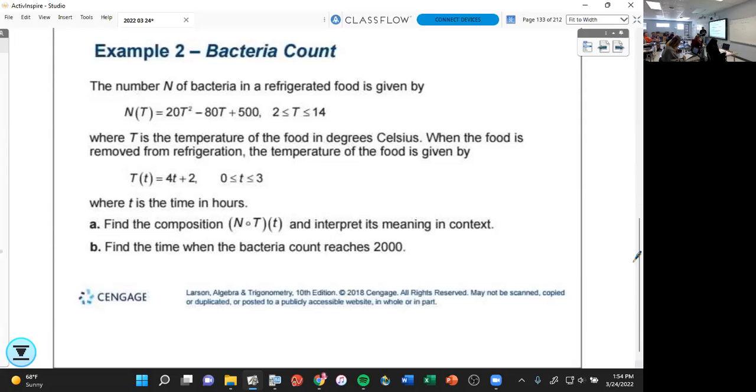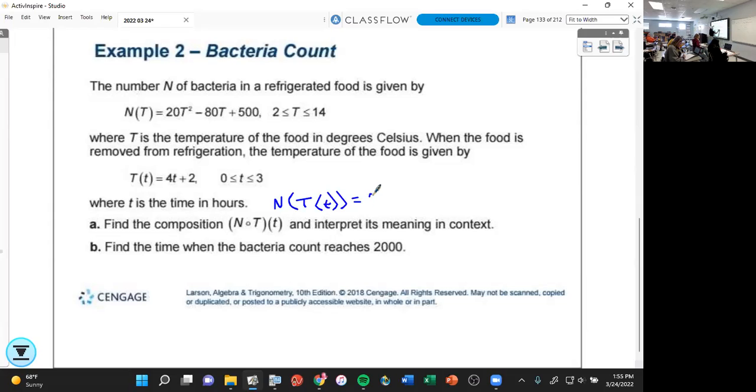So letter A, find the composition N of capital T of lowercase t. Means what is N of T of t? Okay, what's the main function that I'm using? Capital N of T. So I'm going to take the capital N of T function, and anywhere I see a capital T, I'm going to replace it with the capital T function.